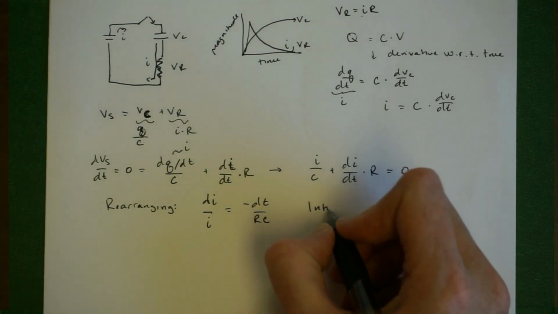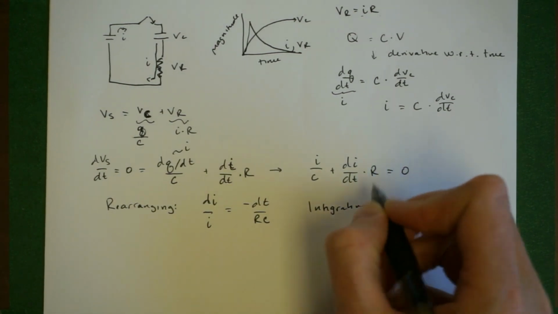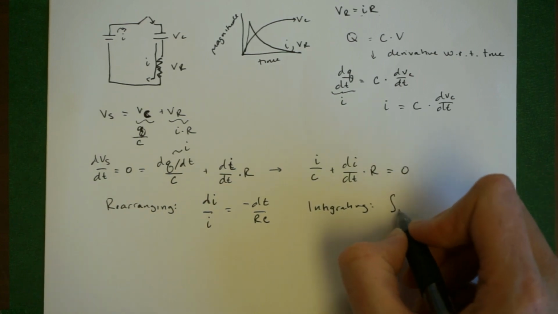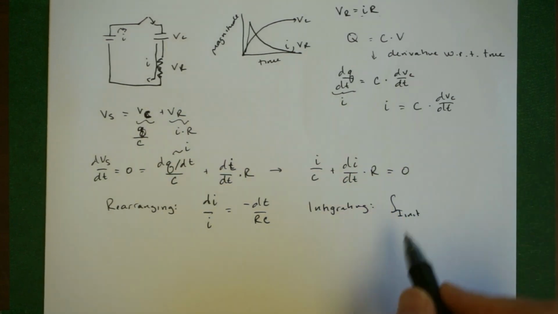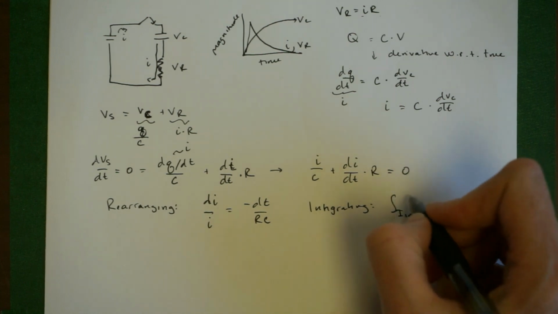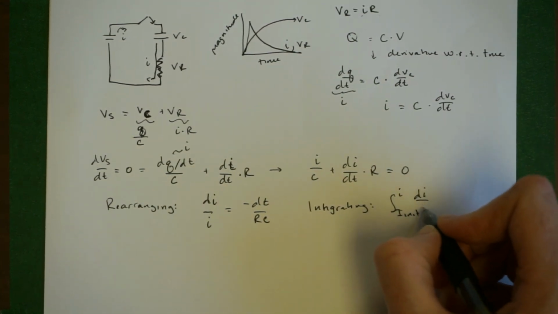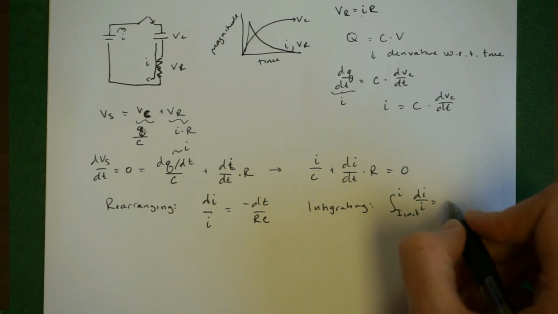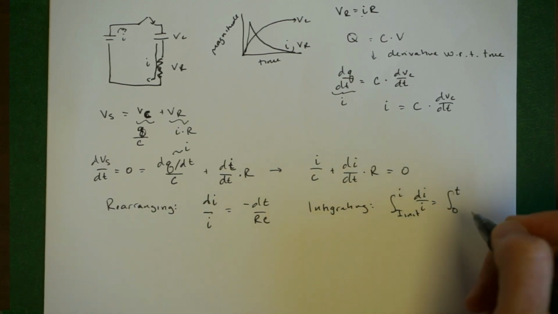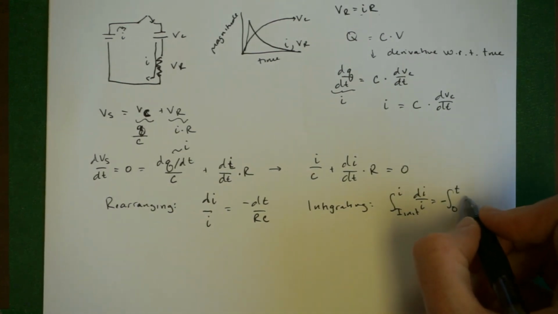So when we're integrating, we have the integration from I init to some current at some moment, and in time we're integrating from time 0 to time t. So the negative sign is out here.